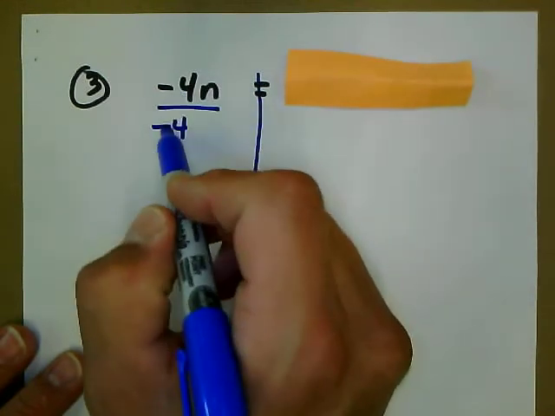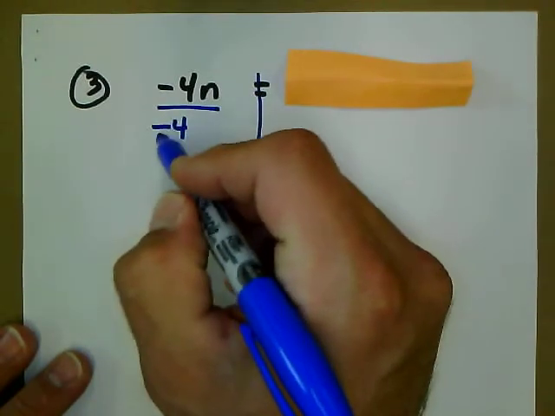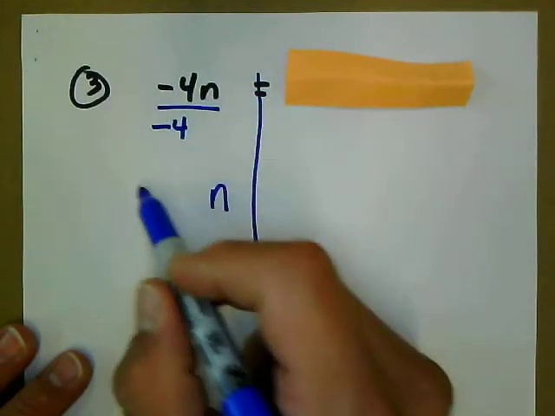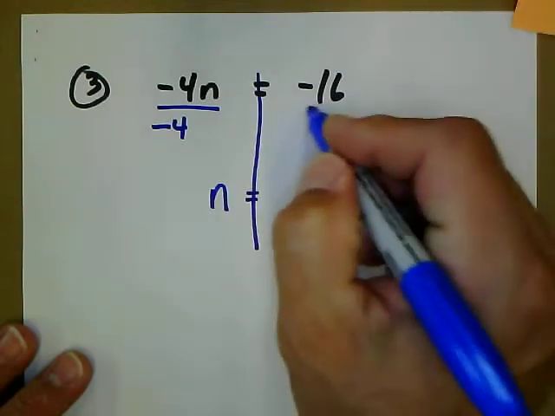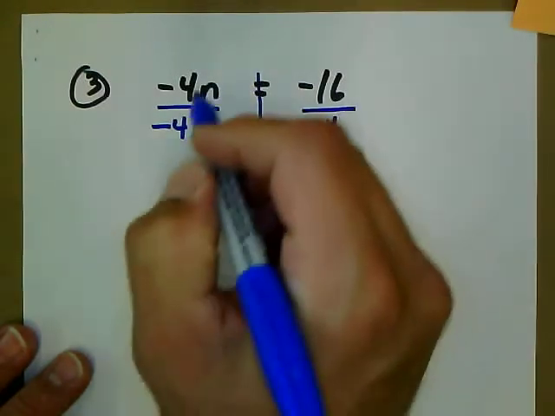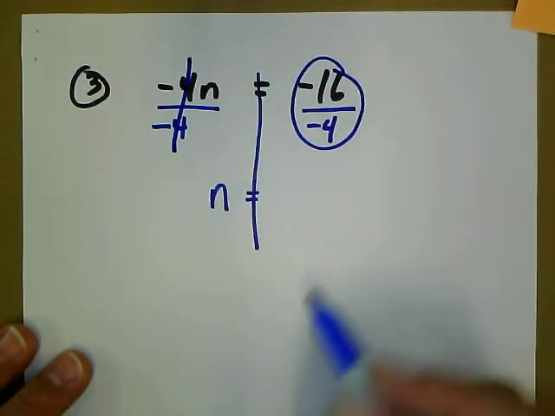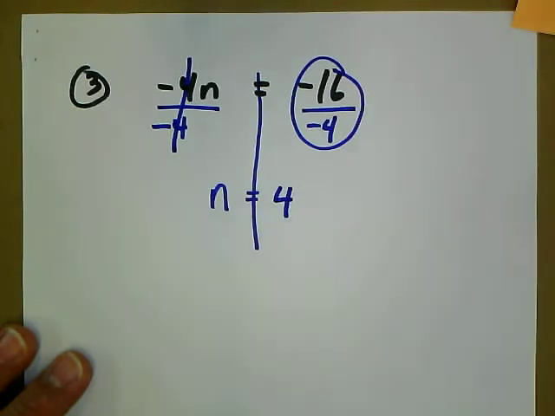Because -4 divided by -4 is 1. 1 times n is n. If you put +4 down here, you would end up with -1, and -1 times n is -n. We don't want -n. All right, if we divide by -4 on that side, we divide by -4 on that side. Circle it up. -16 divided by -4 is 4.